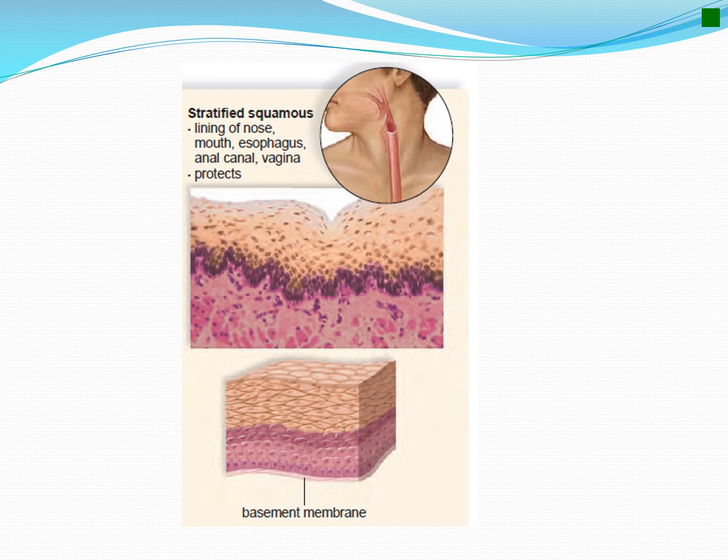Remember also that the basement membrane separates our stratified epithelium from the connective tissue beneath. You should know that blood vessels are found in the connective tissue.